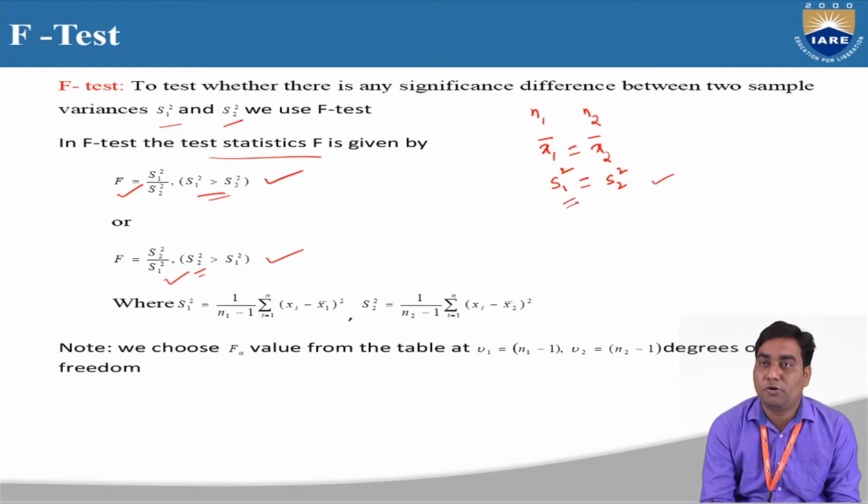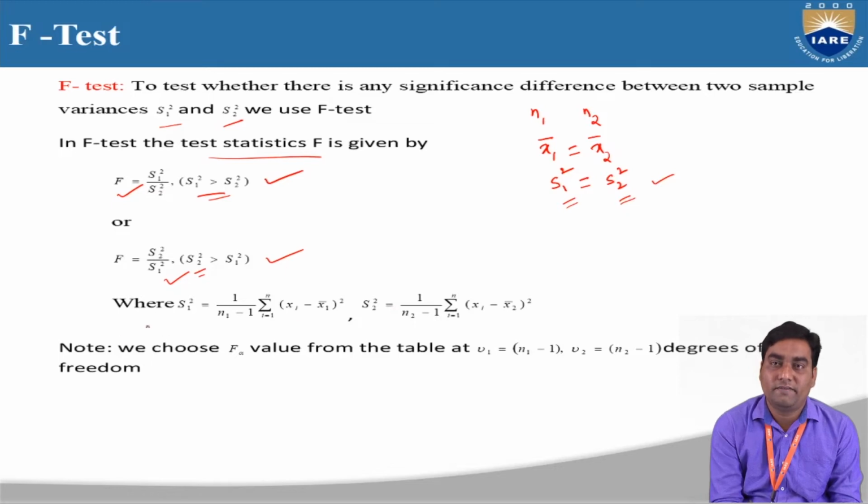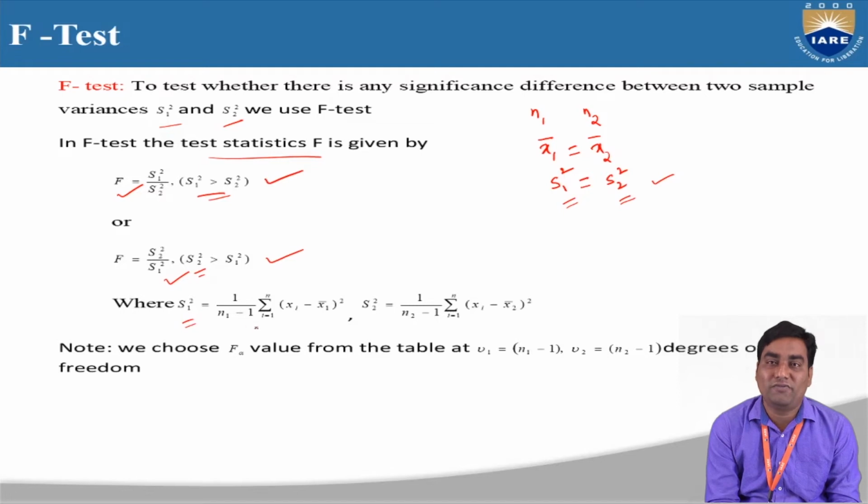What are s1 square and s2 square? Sometimes the problem may not give the s1 square and s2 square values. In that case, we can find s1 square equal to 1 by n1 minus 1 sigma xi minus x1 bar whole square. This means the sum of squares of deviations from the mean of the first sample.